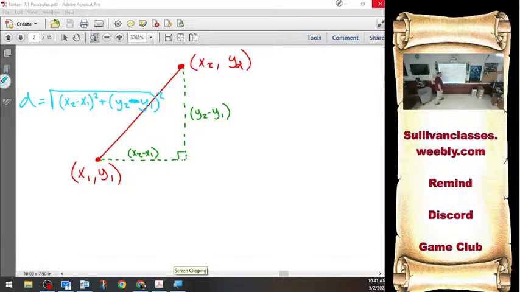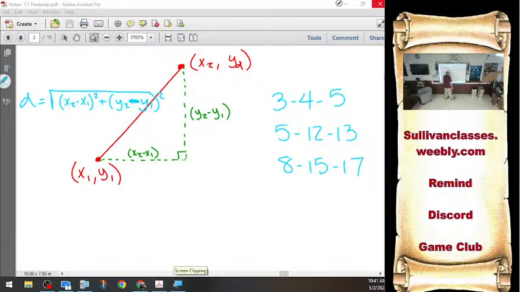Another thing you should probably be aware of is Pythagorean triples, because boy, do they love using Pythagorean triples on these problems. The first one, 3, 4, 5. The second one, 5, 12, 13. The third one, 8, 15, 17. There are more.